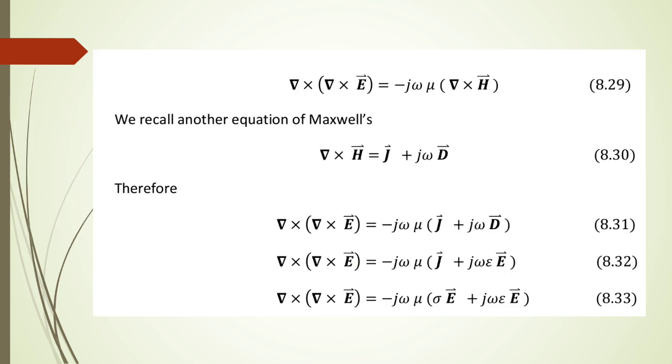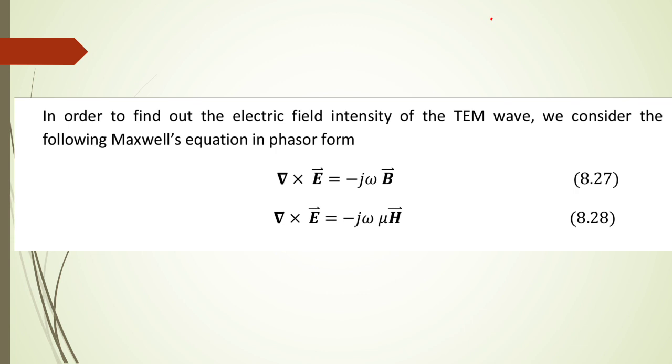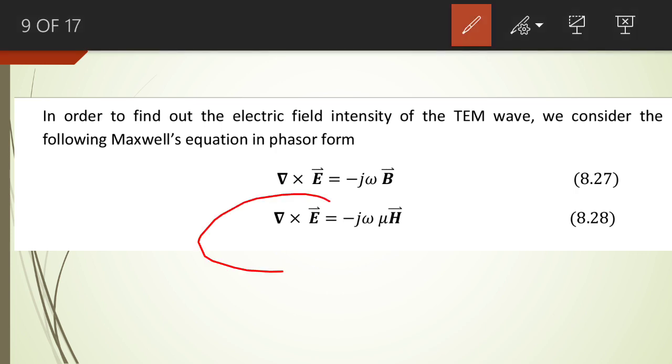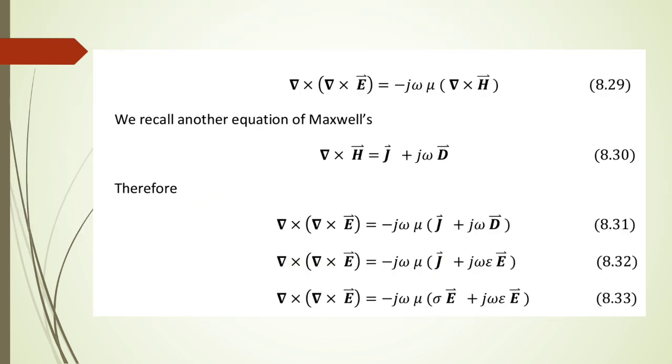So what we do, we take the curl of the quantity on the left hand side of this equation and the curl of the vector quantity on the right hand side of this equation. So if we take the curl of the left hand side of equation number 8.28, we get equation number 8.29.